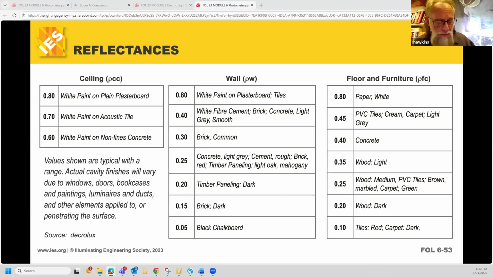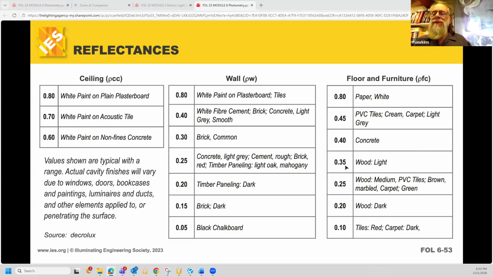I have people ask me a fair amount of time to say light a lobby or an entry space for a school or something like that off of their beautiful wood ceilings. They don't want any direct light. We just want to light it off. I say, okay, you can. But if you look over here on this chart, notice that wood light at the top end is 35% reflective.